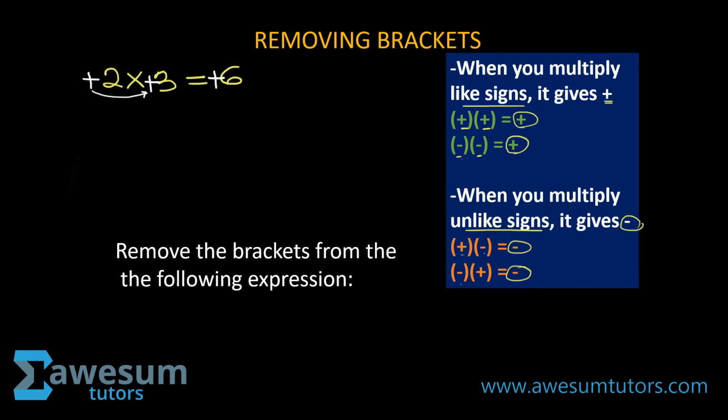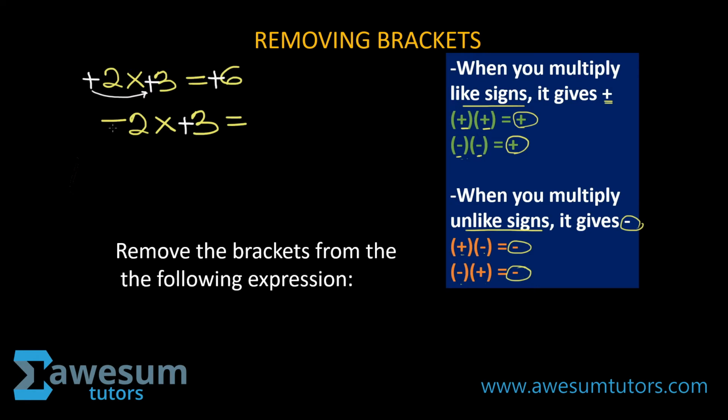Okay, but what about if you have negative 2 times 3? Take a look at that. Negative 2 times 3. In this case, this 3 has an invisible positive sign right here. Remember what we said, that when you multiply unlike signs, negative times positive gives you negative.